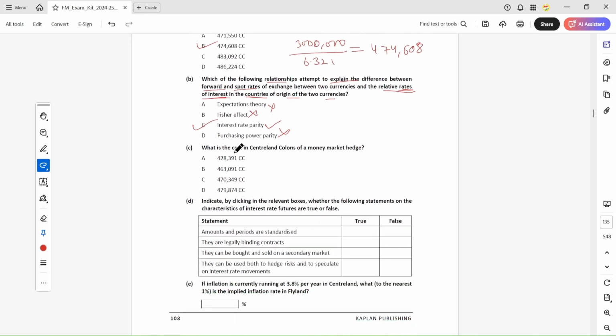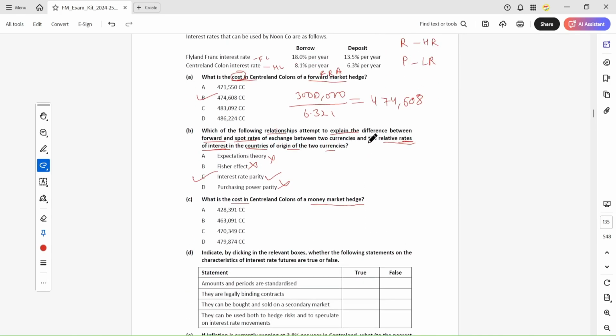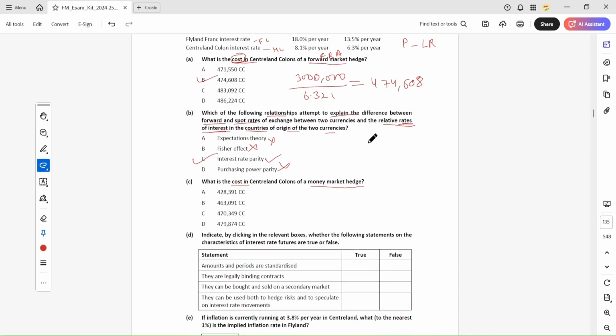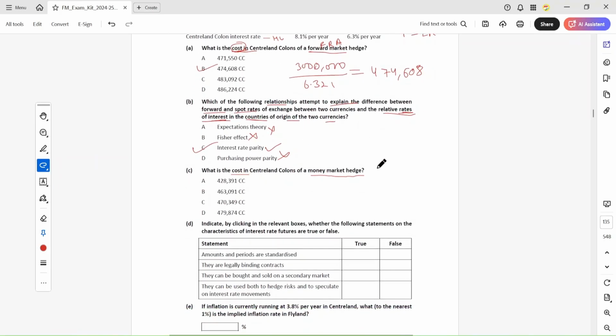What is the cost in Centerland using a money market hedge? We have already done so many questions on this, so you can try this yourself. It's very easy. When you pay, you have to invest, convert, borrow.